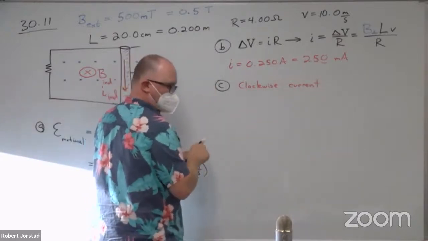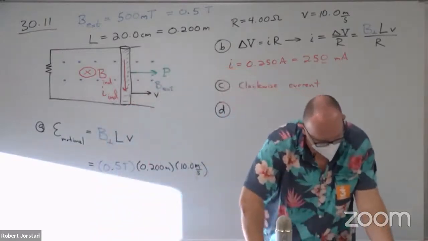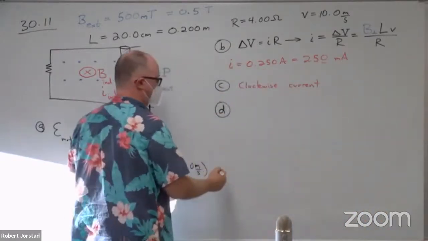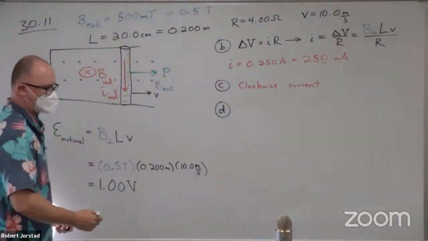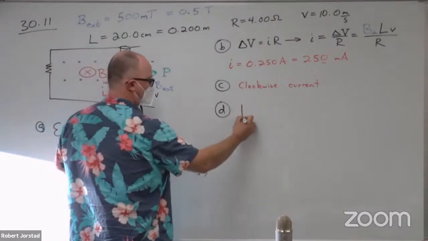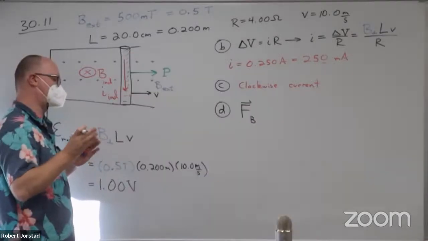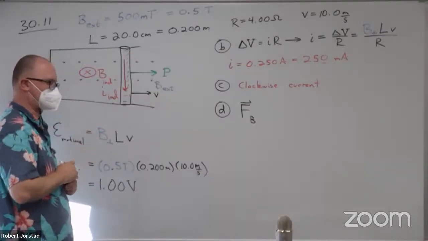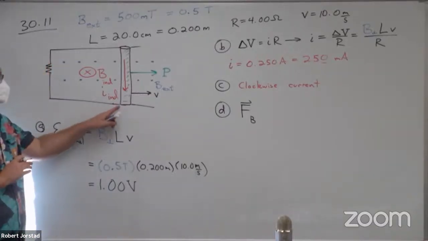Okay, D is what? Magnetic force. Does anybody know an equation for the magnetic force? Magnetic force equals qv cross B. It's the magnetic force on what in this case? On the rod, isn't it?